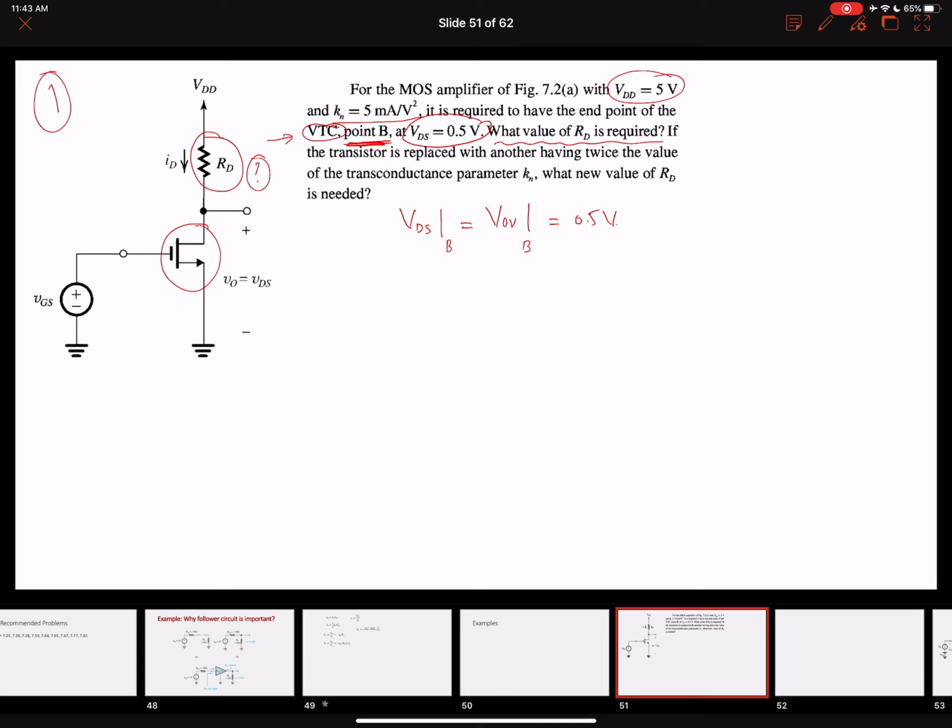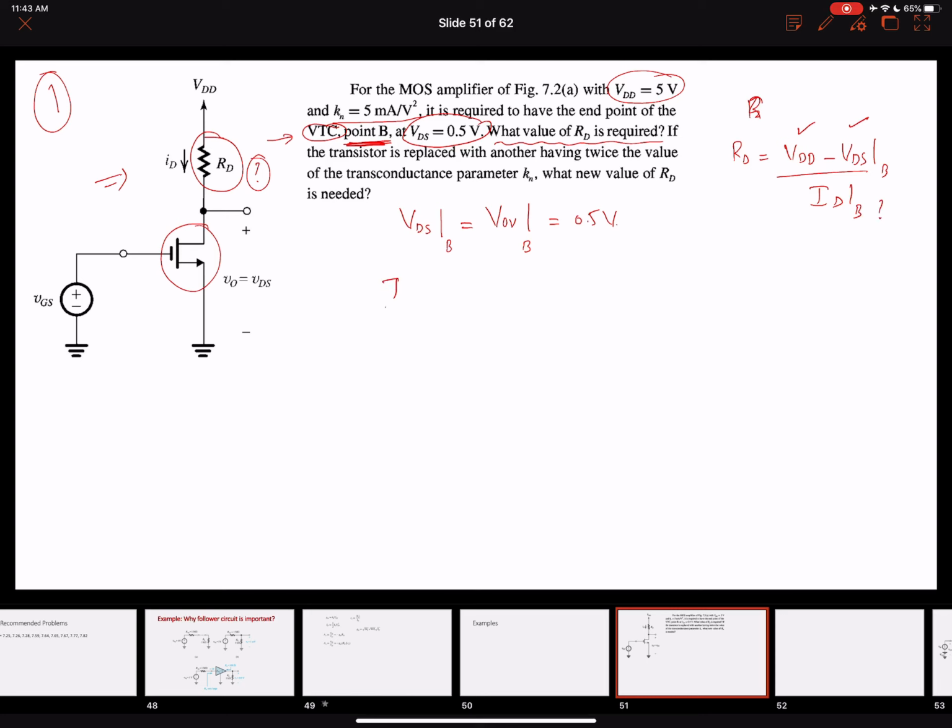Just by looking at the circuit, I know that RD can be found by VDD minus VDS over ID. Since we are talking about point B, this is a value at point B, and this is also a value at point B. We know this value, we know this value. Let's find out this value.